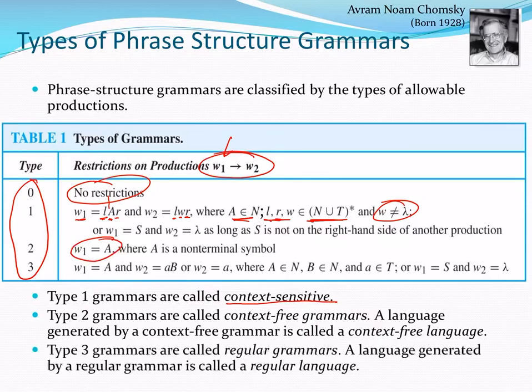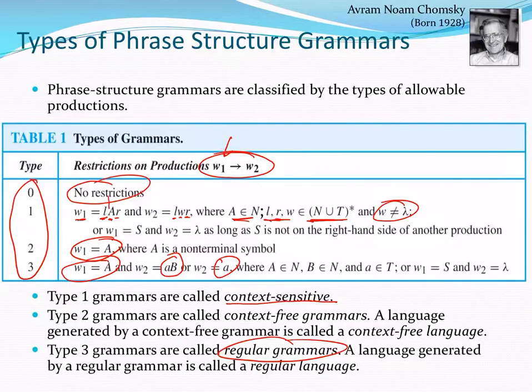Type 3 grammars are called regular grammars, and they're restricted to having a single non-terminal symbol on the left, and the only 2 types of right-hand side production are lowercase a, uppercase B, which represents a symbol and a non-terminal symbol, or merely a symbol.